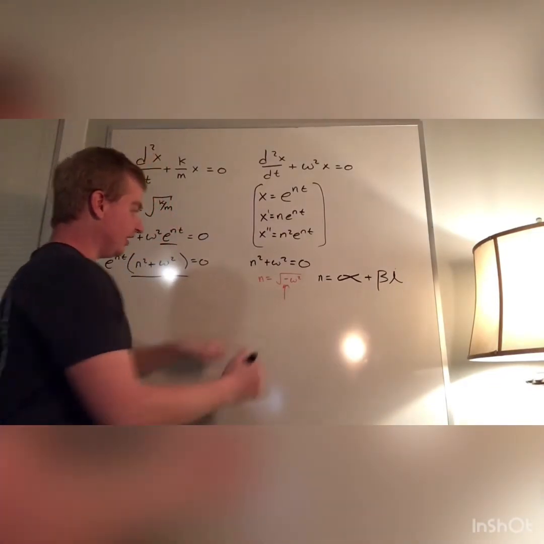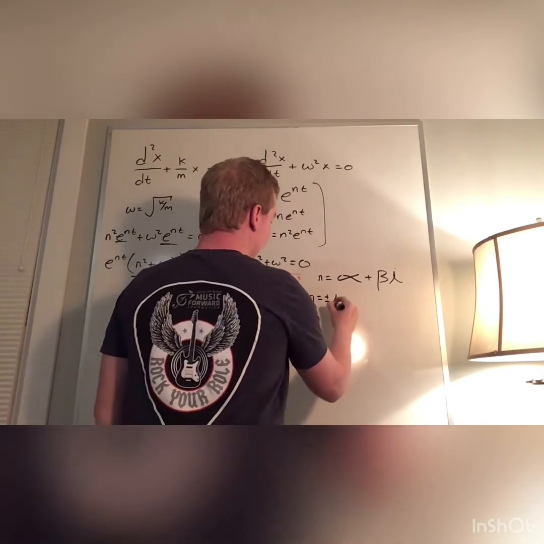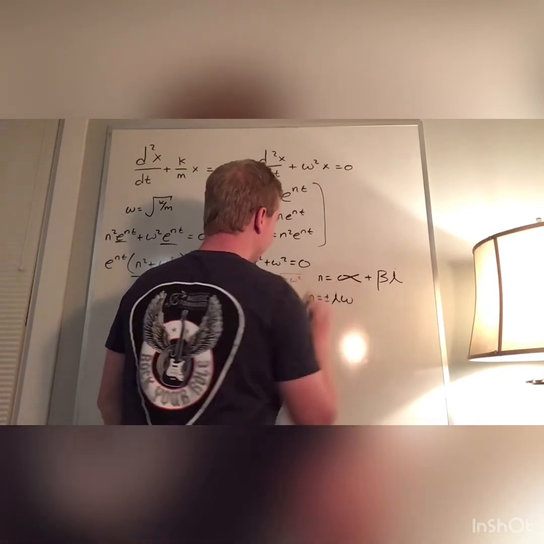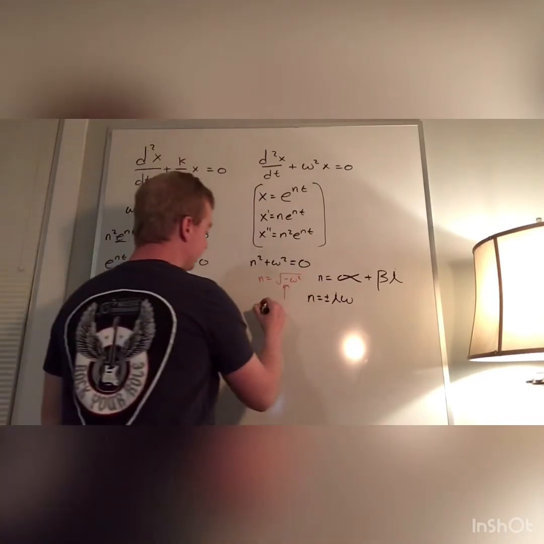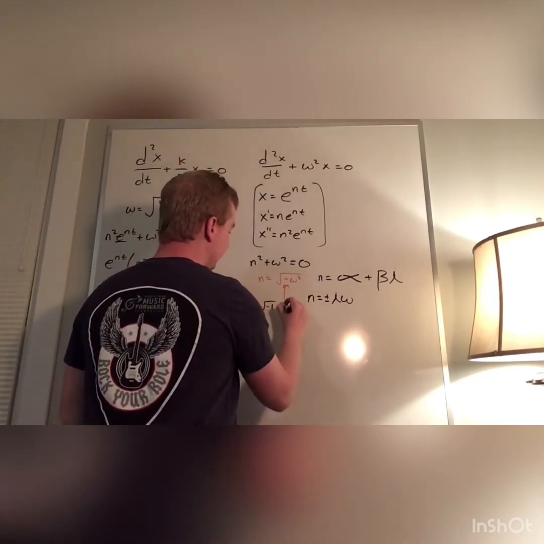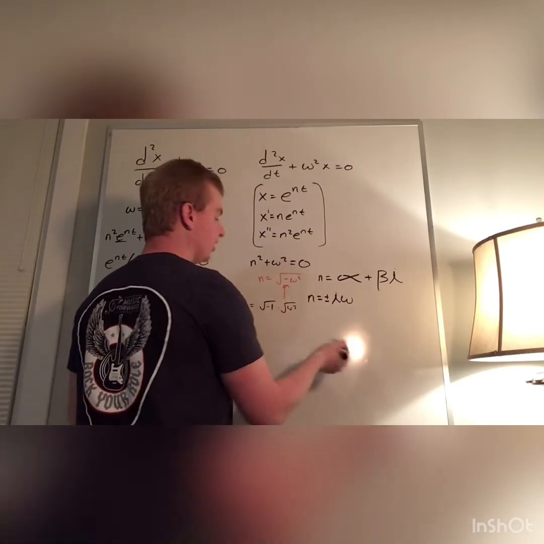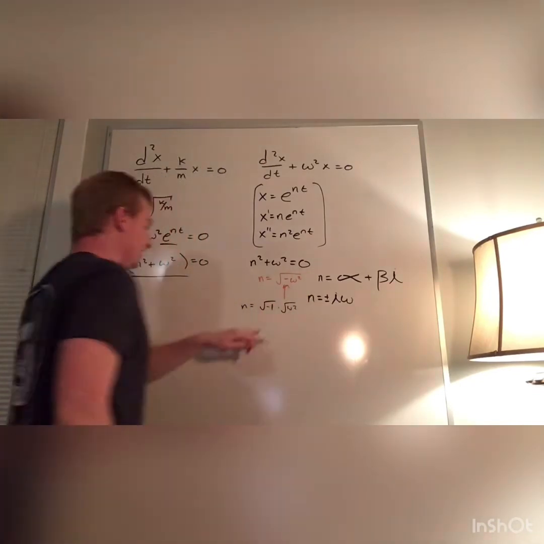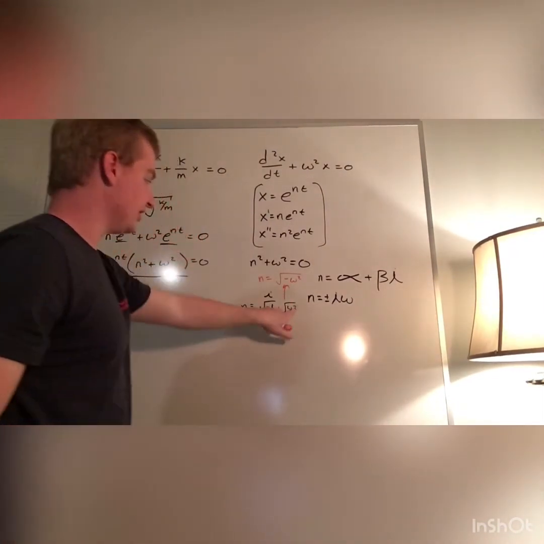Okay, so solving this, we have n is equal to plus or minus i times omega, right? And that comes from the square root of negative 1 times the square root of omega squared. This is none other than i, and this is just omega.